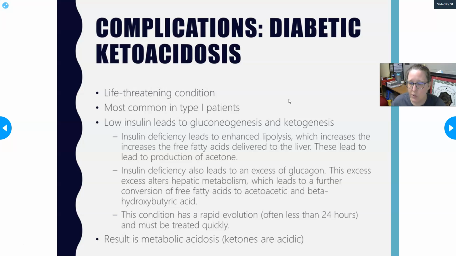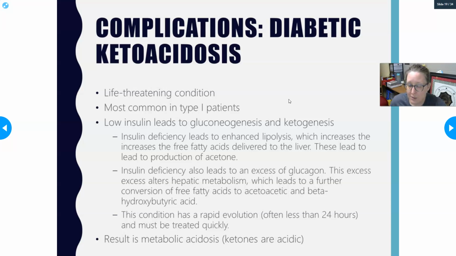Insulin deficiency will also lead to an excessive glucagon. This is, again, because the cells are perceiving that there's no glucose because it's not getting into the cells. And this excess then alters the hepatic metabolism, which leads to a further conversion of free fatty acids into acetoacetic and beta-hydroxybutyric acid, which are your ketones.